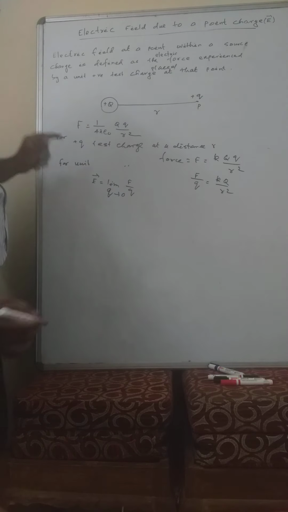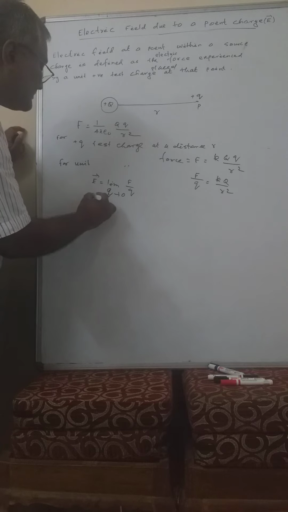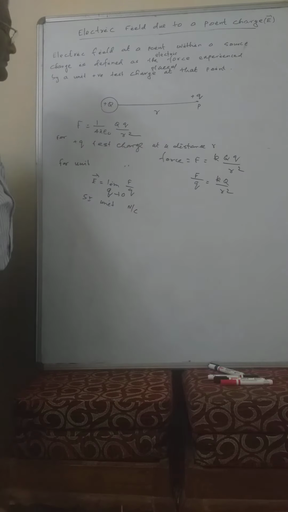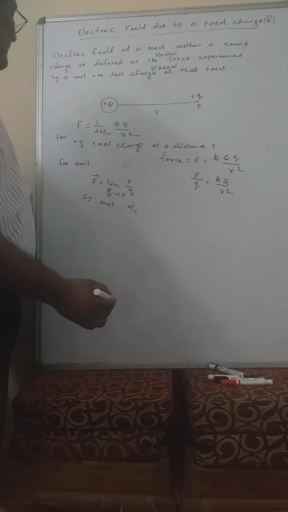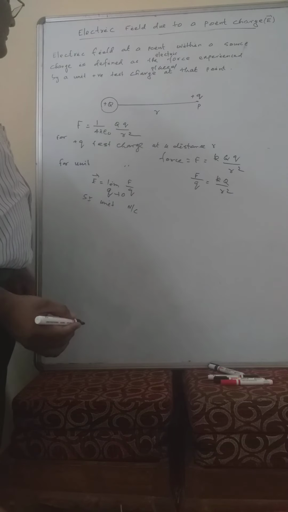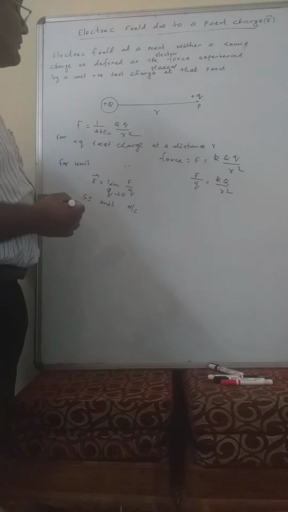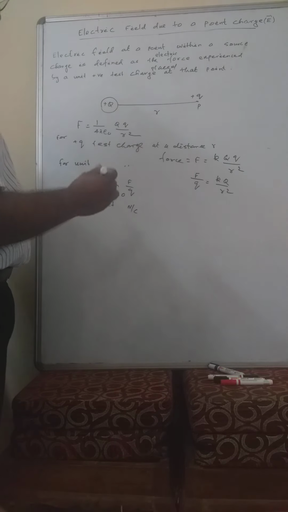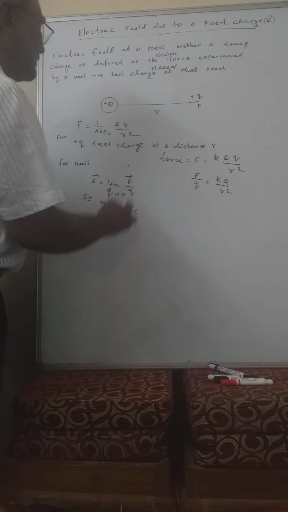So what is its SI unit? SI unit is Newton per Coulomb. It is defined as the force experienced by a unit positive test charge placed at that point. And electric field is a vector quantity.